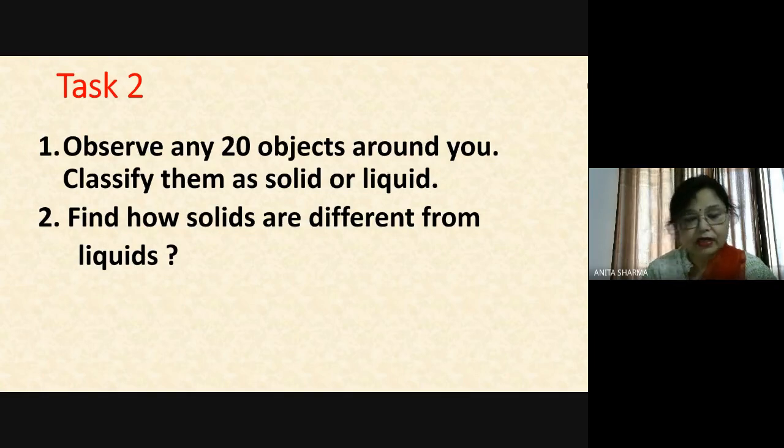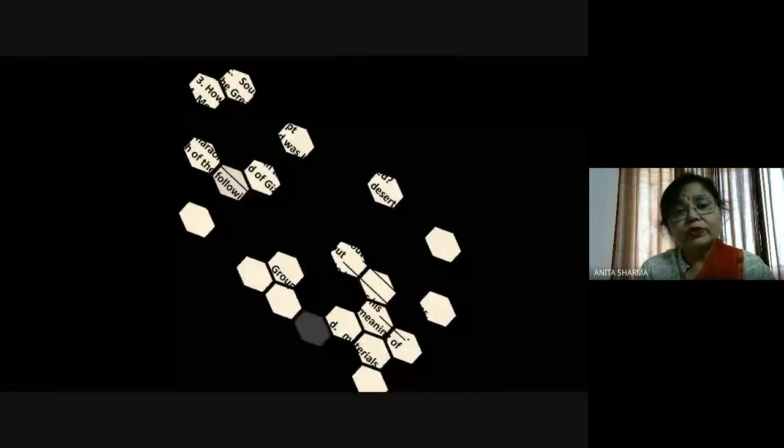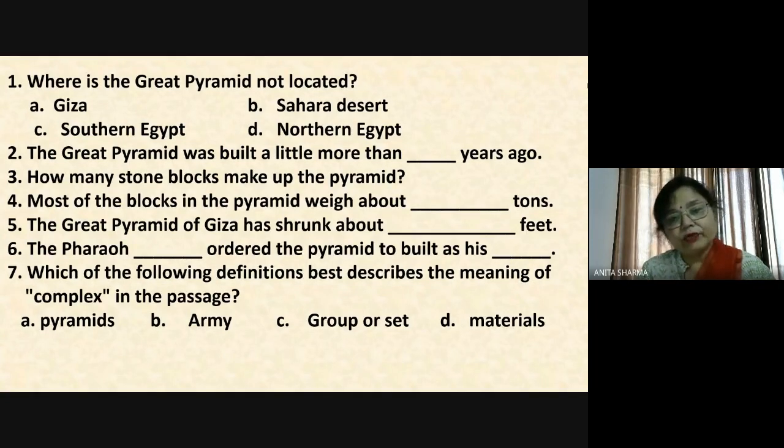Now there is an English task for you, task 3, that you have to read this paragraph 2-3 times. Whatever the difficult words are there, try to find out their meanings and try to do all the questions which are here. You have to make a notebook and do all the work in it, very neat and clean, or if you can make it more creative, you can use your own creativity.